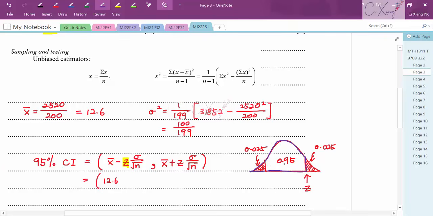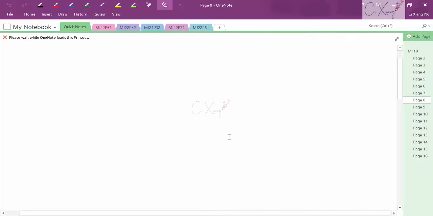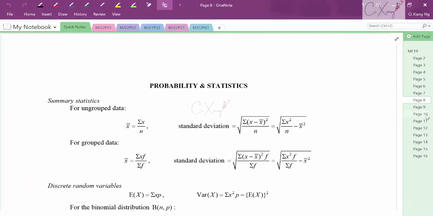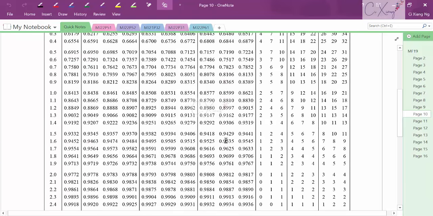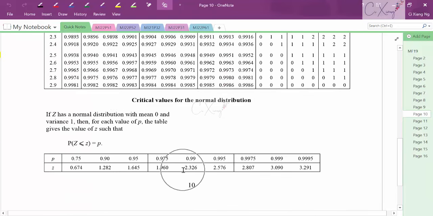So by referring to the probability 0.975, we can get the value of z. Looking for 0.975, you can scroll down to the critical values for the normal distribution here, and you can see that for the probability of 0.975, our z value is actually equal to 1.96.